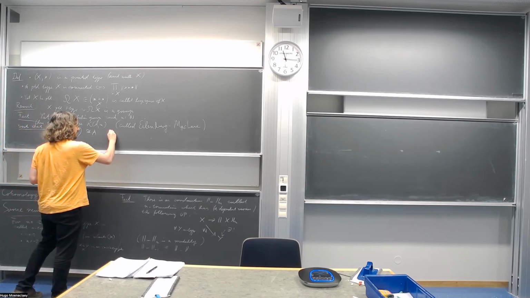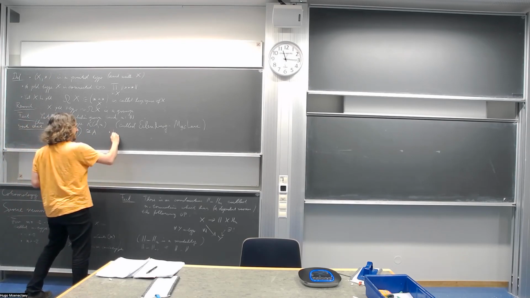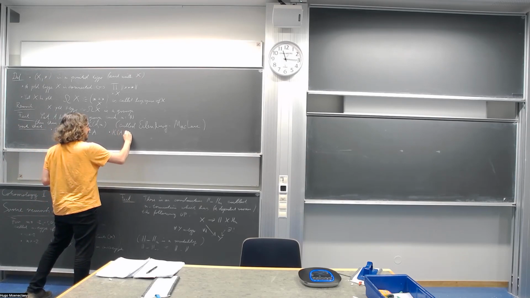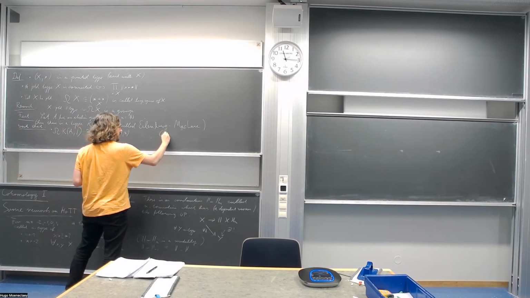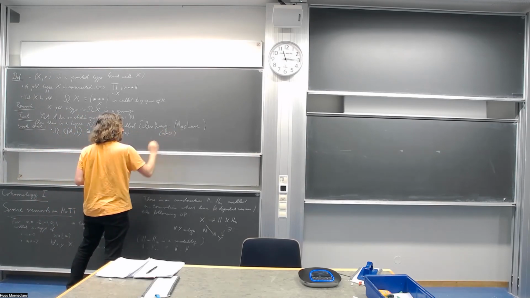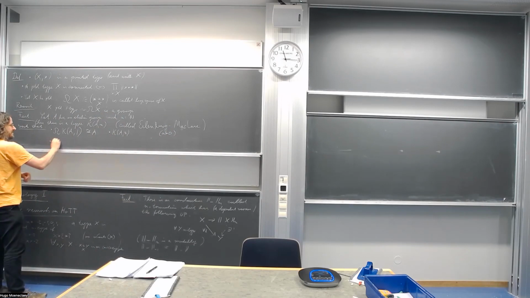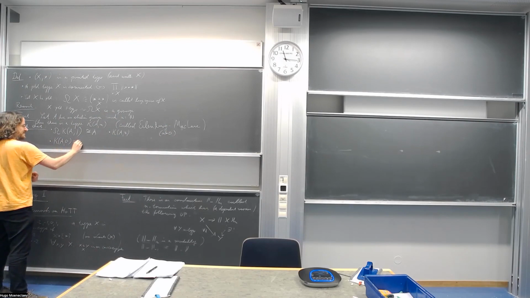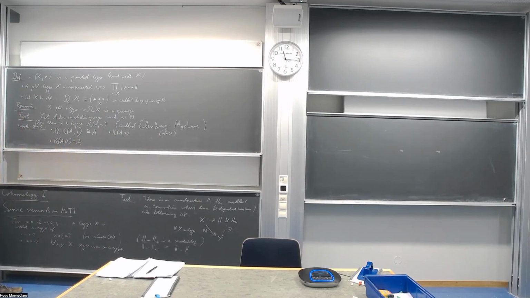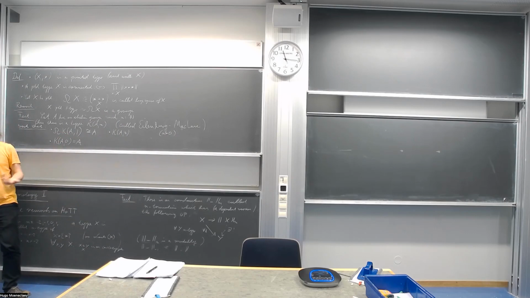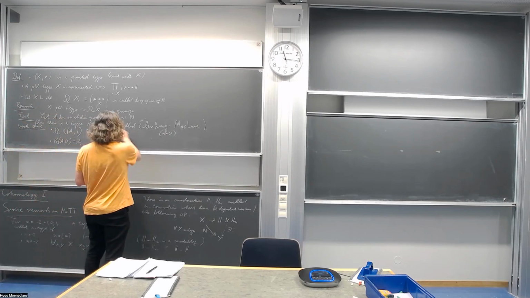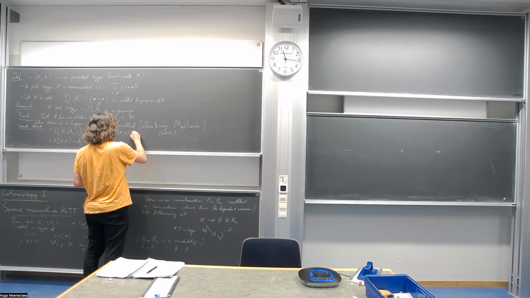And you have a couple of other things. So first of all, if n is greater than 0, so I mean, this is like the special case. For 0, you just want A, but starting from level 1, where it gets interesting, we want that it is a pointed connected type.